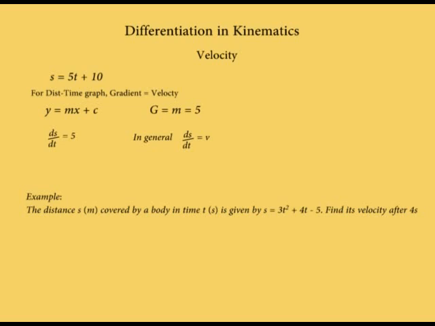So v, the velocity, is equal to ds over dt, and that will give us 6t plus 4. What is v at t is equal to 4 seconds? We simply substitute that. v is equal to 6 times 4 plus 4, and that is equal to 28 meters per second.